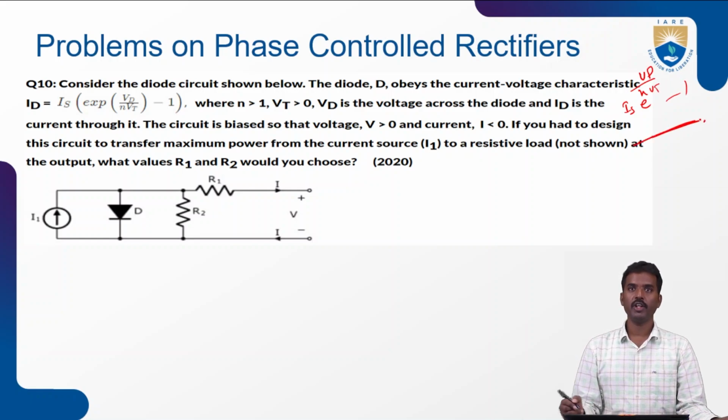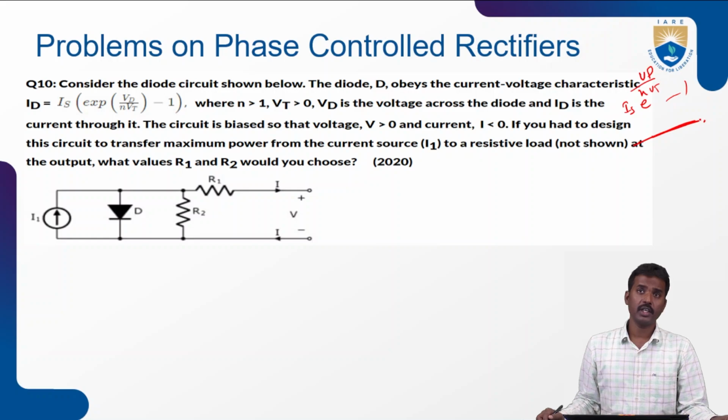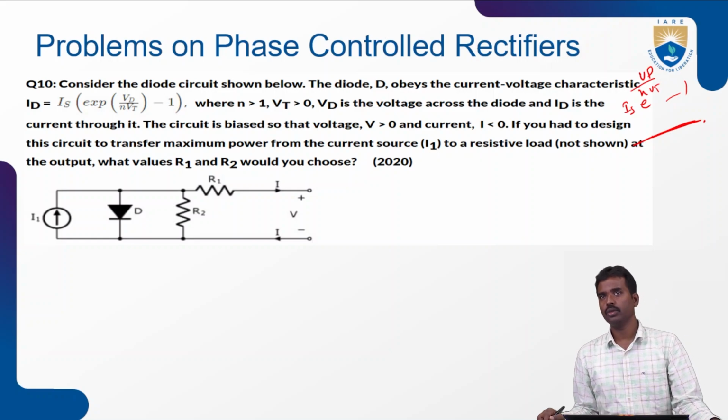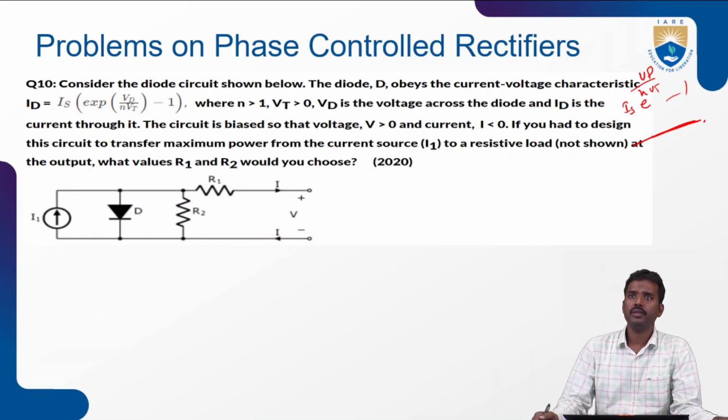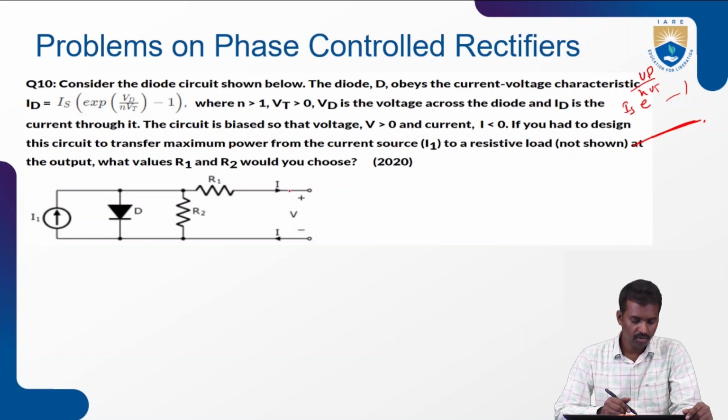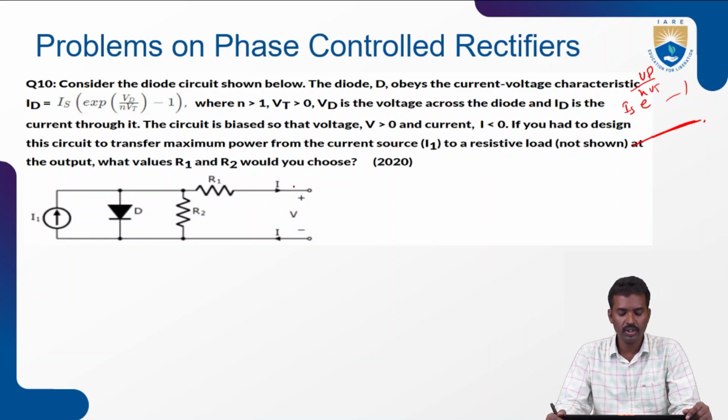We know very well this one, where n is greater than 1 and Vt is greater than 0, Vd is the voltage across the diode and Id is the current flowing through it, and the circuit is biased so that the voltage V is greater than 0 and I is less than 0.